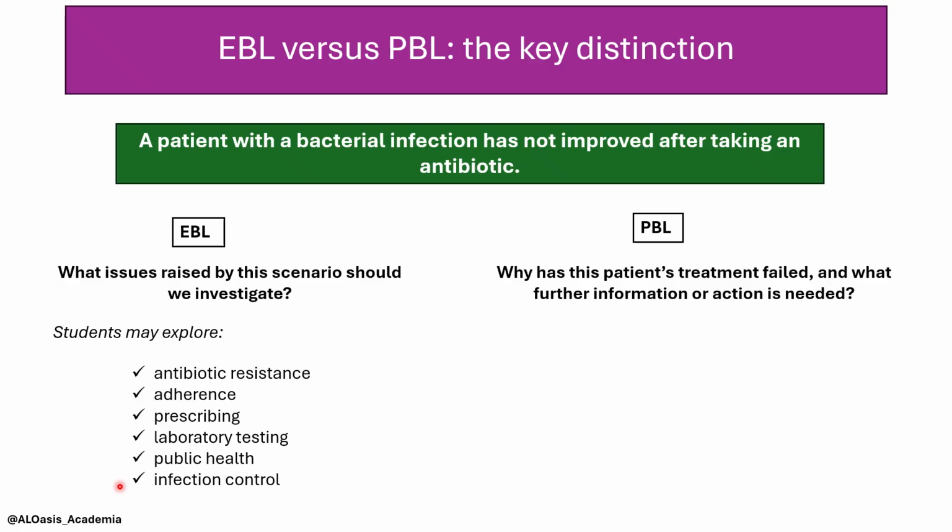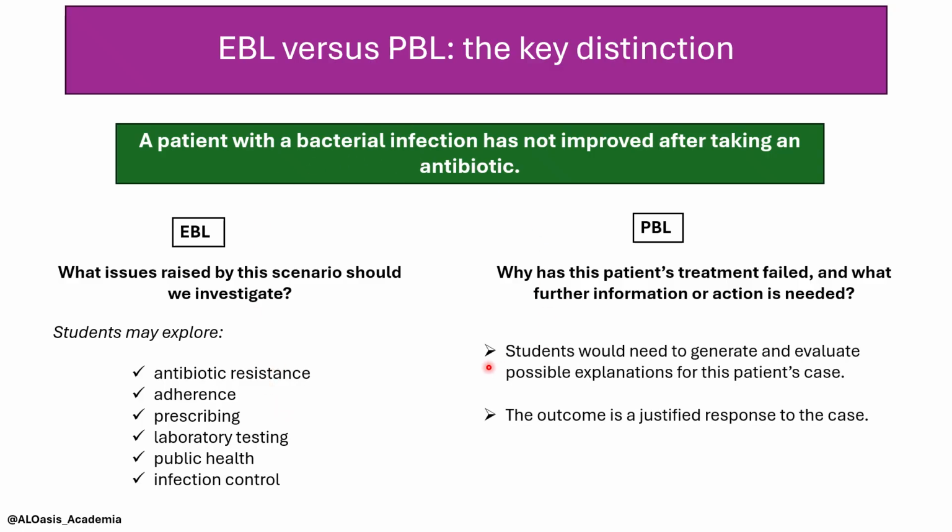Infection control also, on a wider national level. If you see from these different things that the students are expected to explore in an EBL session, they are very broad, very general, and you can see that they are not specific to that patient, but are answering more general questions about this issue.